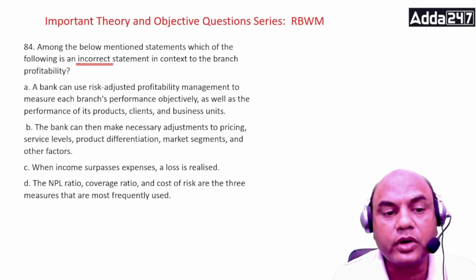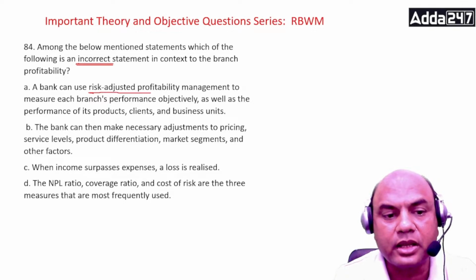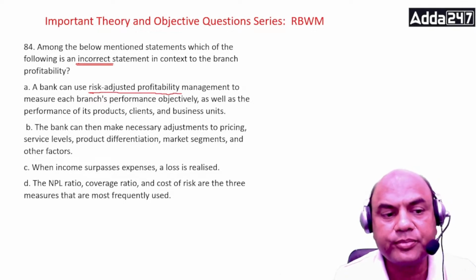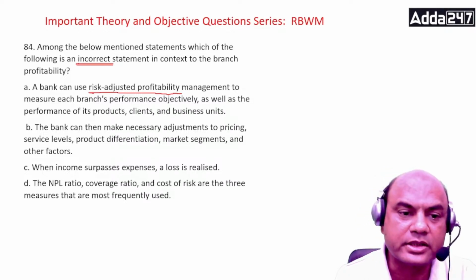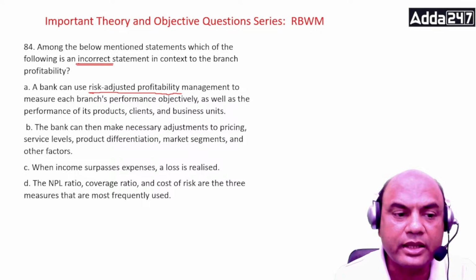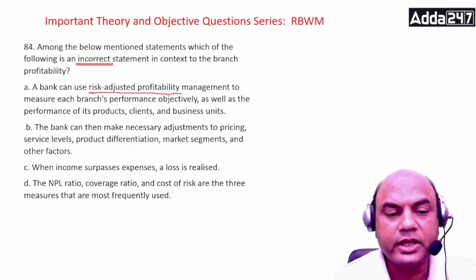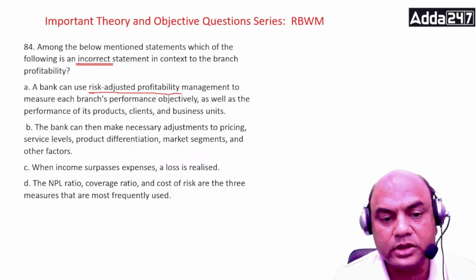A bank can then make necessary adjustments to pricing, service levels, product differentiation, market segments, and other factors. That is statement A, then statement B: when income surpasses expenses, loss is realized.